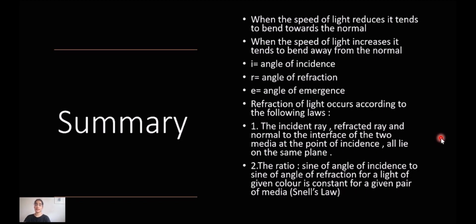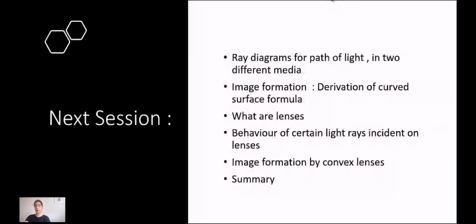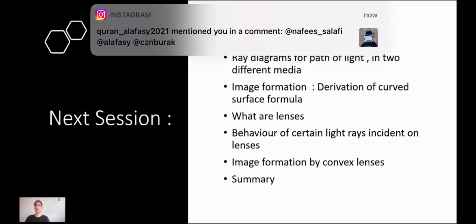In the next session, we will study ray diagrams of how light behaves with two different media. Right now, we studied reflection of light at curved surfaces when we were dealing with concave and convex mirrors. We were drawing the behavior of certain light rays that would help us draw diagrams later, the light rays whose interactions we already knew.